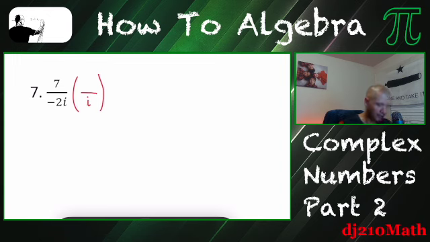So really, I don't care about the 2, right? I truly don't. So i times i is i squared. So negative 2 i squared over 7i. So i squared is really negative 1. So this is going to be 7i over positive 2.